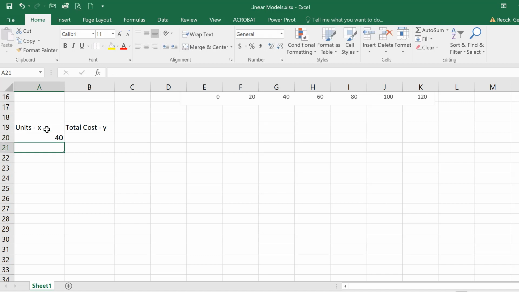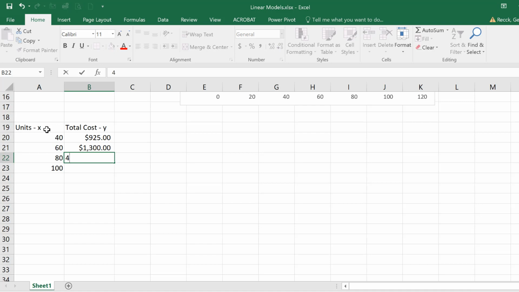This time I'm going to go in increments of 20, 40, 60, 80, 100. And I'm going to use cost figures that are a little bit different. For 40, use 925. And then for 60, 1,300.